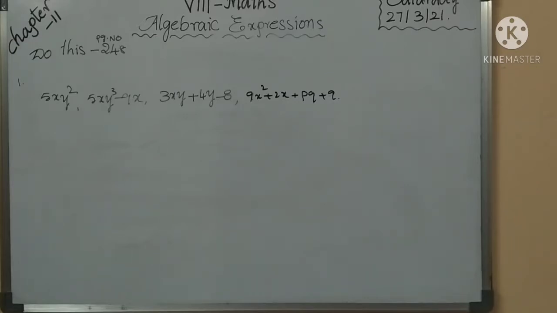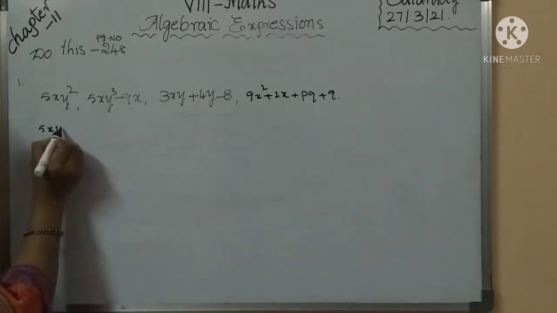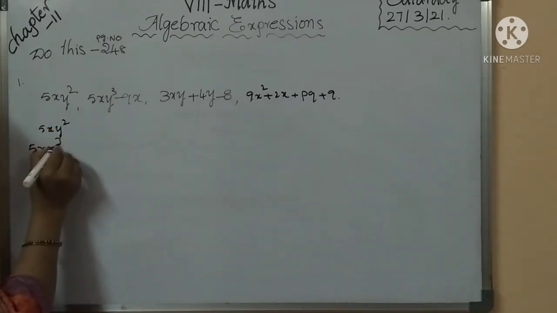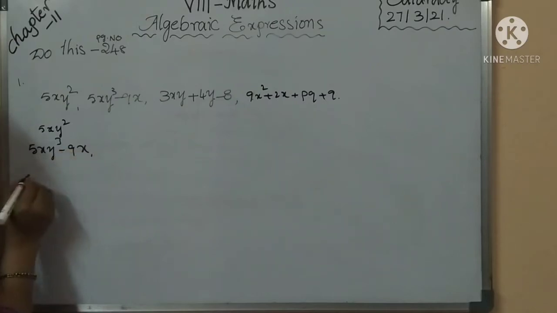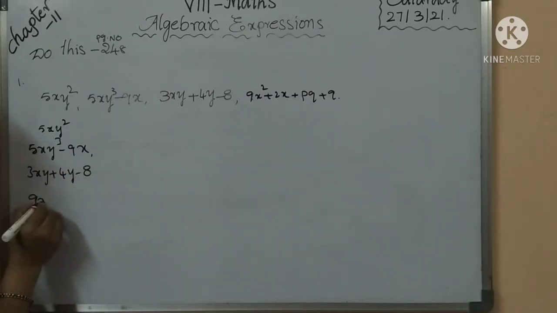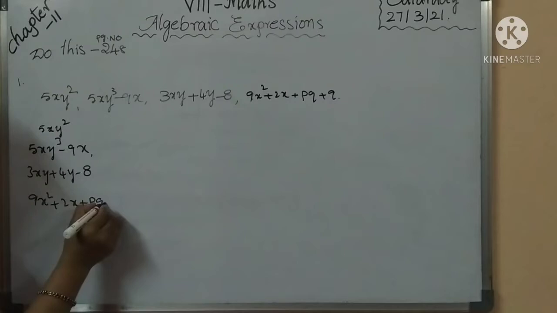Find the number of terms in the following algebraic expressions. Here, for example, the first one is 5xy square, the next one is 5xy cube minus 9x, the next one is 3xy plus 4y minus 8, and the next one is 9x square plus 2x plus pq plus q.